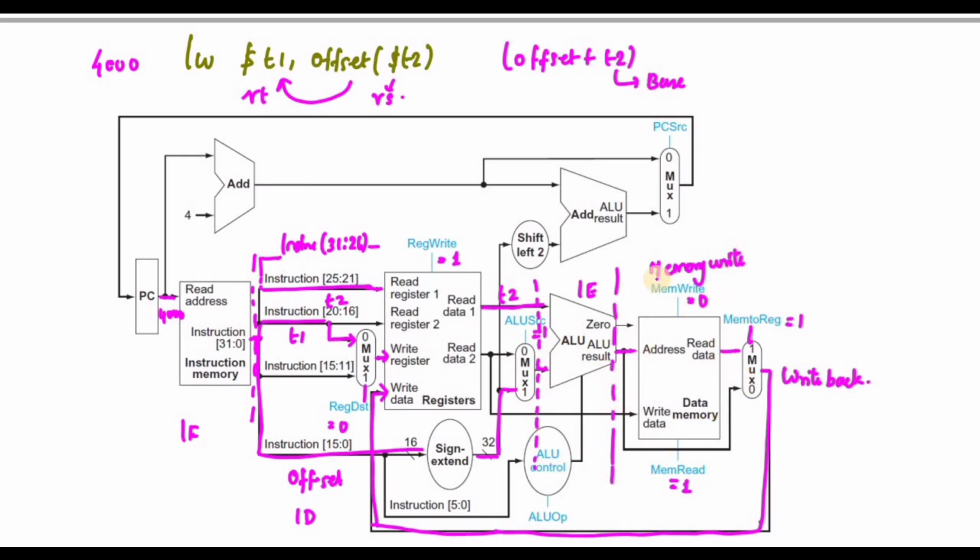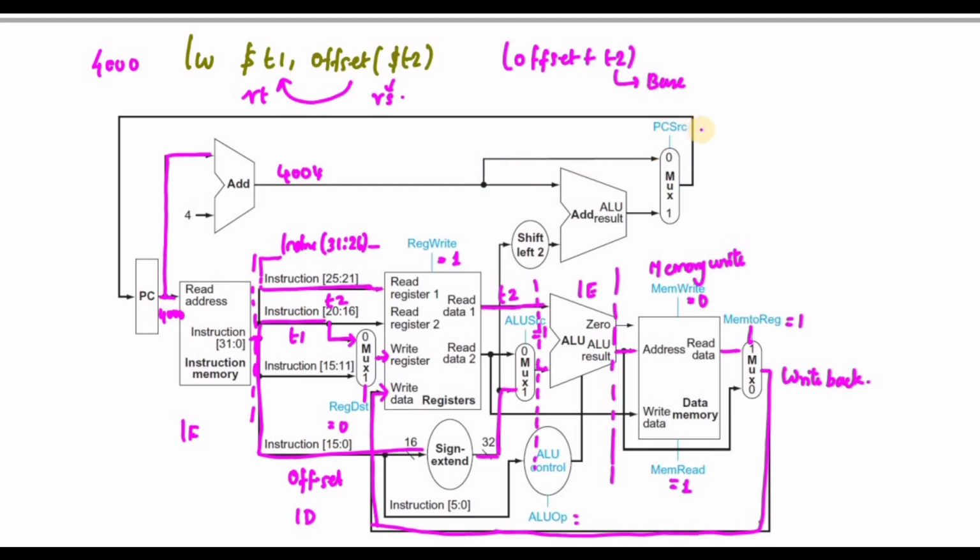Once it is completed, I'm not going to use any ALU operation other than addition. Since I am performing only addition, the ALU control is a 4-bit code for addition. After that, the PC has to fetch the next instruction, so 4000 plus 4 is 4004.